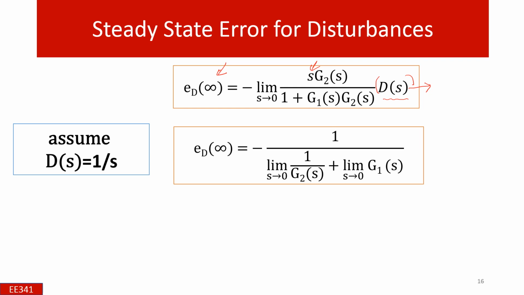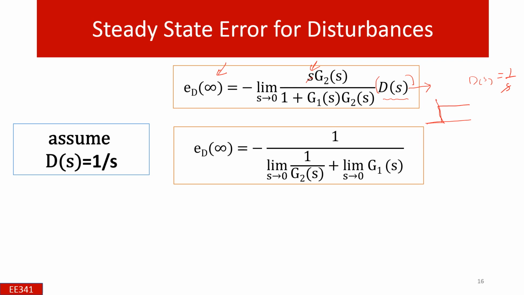If we take some specific values of this disturbance, then we can find the steady state error correspondingly. For example, if we take a unit step disturbance like this one, then D of s is equal to 1 over s. So this 1 over s is cancelled with this one, and in the numerator there is only G2 of s.